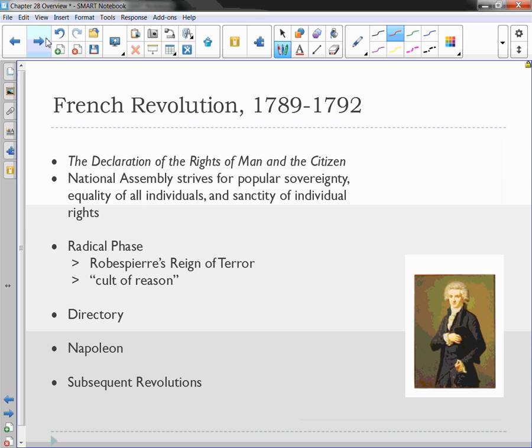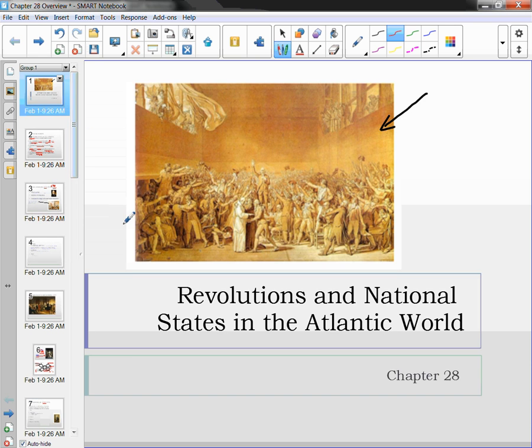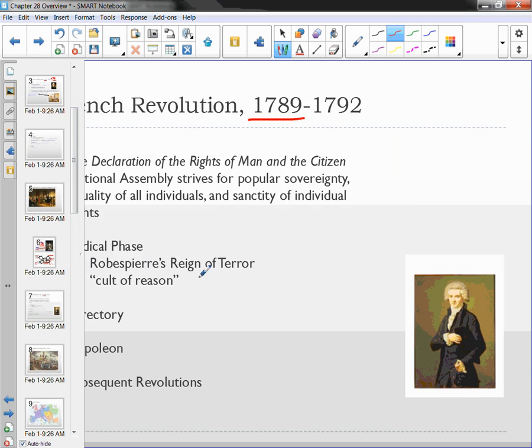So the Estates General is called to meet in 1789, and the Third Estate is like, we are not going to take this anymore. And like I said, when the first two estates locked them out, as you saw in the Tennis Court Oath, they meet in a handball court and decide that they are going to take over the government.